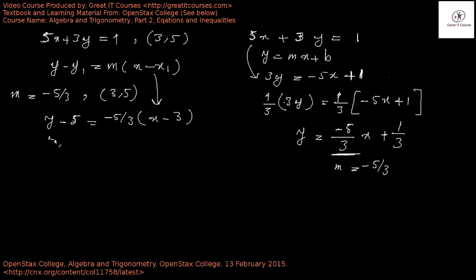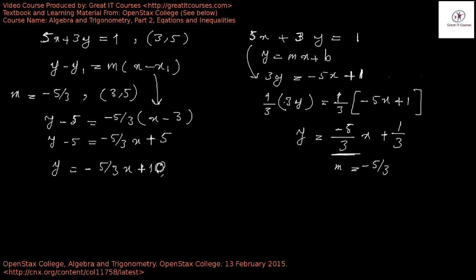And now I can write this as y minus 5 is equal to minus 5 by 3 x. Minus 5 by 3 into minus 3 is plus 5, the 3s cancel out. Take this 5 to the other side of this equation, and this becomes y is equal to minus 5 by 3 x plus 10.